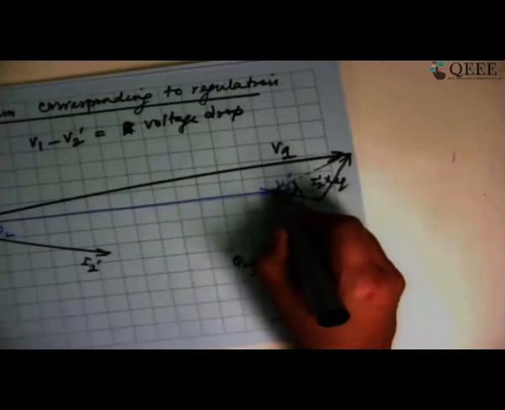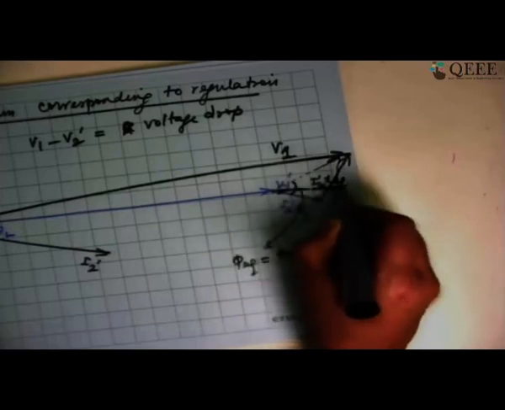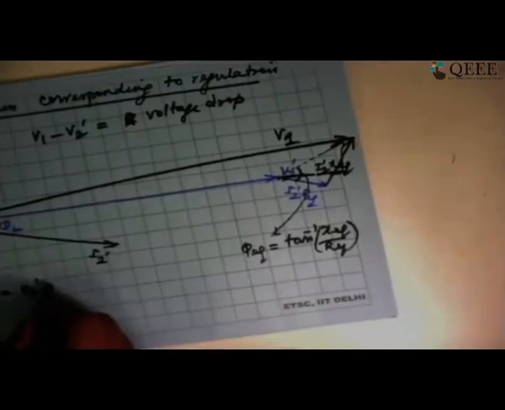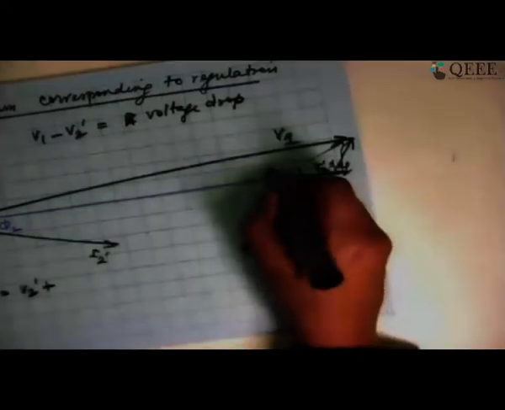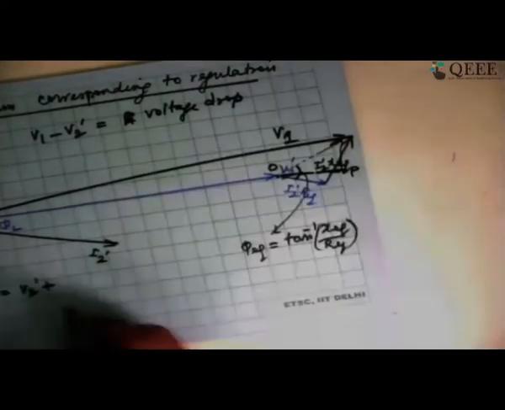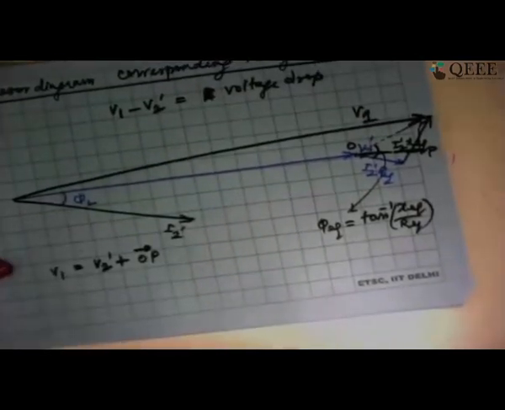Okay. Now rather than writing V1 minus V2', let me probably take only the horizontal component of V1. This is the horizontal component of V1. So I can say that V1 is equal to V2' plus, if I call this point O and this point P, OP. V1 will be V2' plus OP.